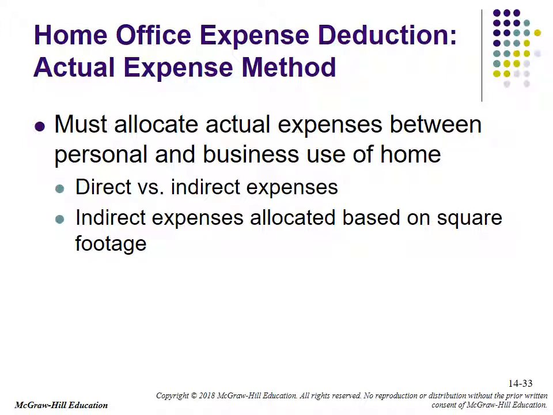If you did something in the office itself, that expense is a direct expense and is totally deductible. But what about those items like heat, electricity, if you have water in your office because you have a bathroom, whatever? These are indirect expenses, and you allocate them to the use portion of that office. So you'll say, what's the square footage of my office divided by the total square footage of the home? That's my business use, and that's what I could deduct.